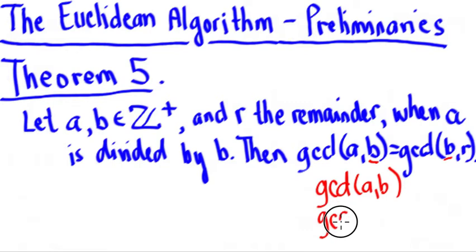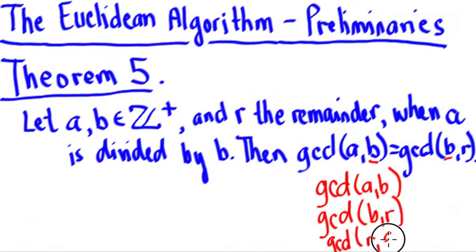So GCD of b and r, you can imagine another GCD of r and the next number, let's call it x. So notice what is happening: b is being moved here, r is being moved here, and so on. You can move on.